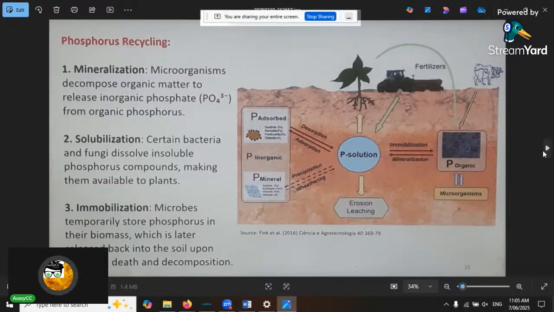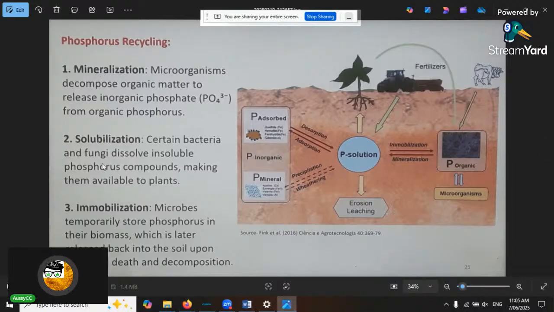Phosphorus recycling. So you get a few different types of microbes involved in phosphorus, because they can be phosphorus solubilizing bacteria, they can be phosphorus releasing bacteria. There's a few different classifications of the different microbes that are involved in the phosphorus cycle.